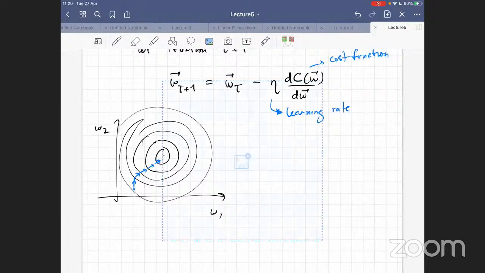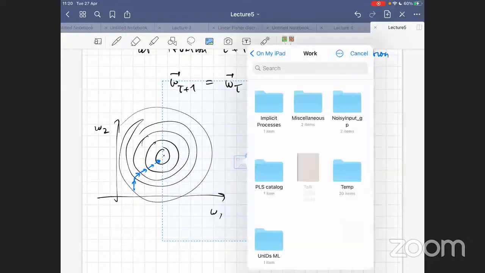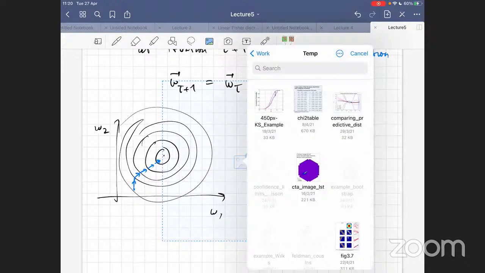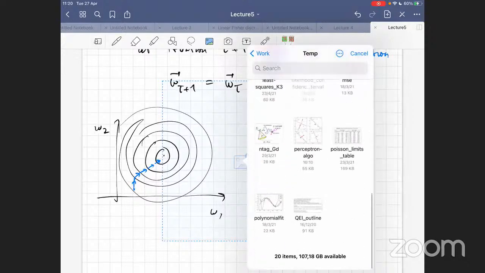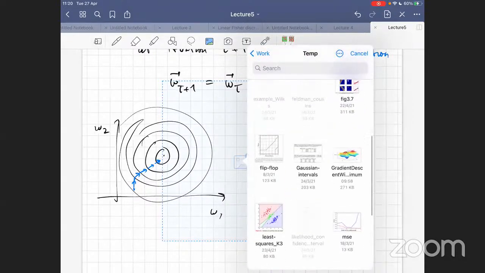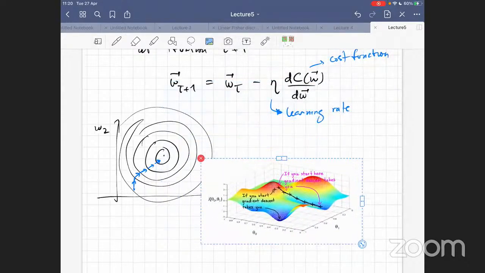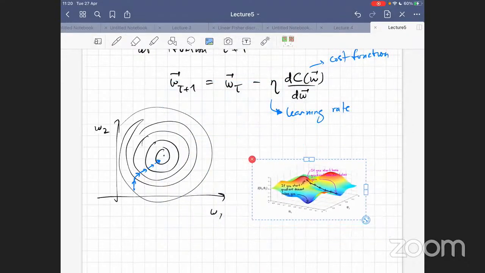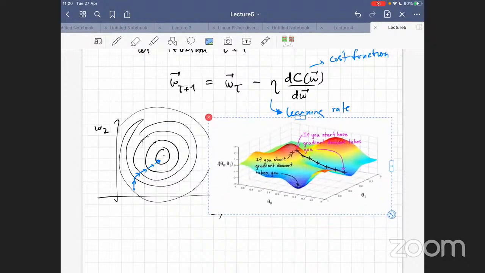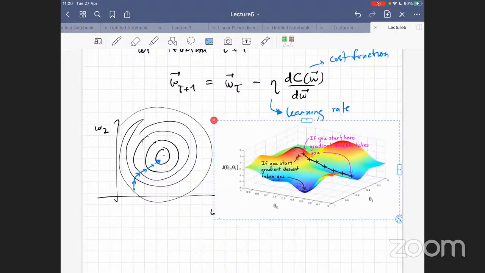So let me share a picture that I think was shown in the first lecture. This thing here. Okay, something like that.